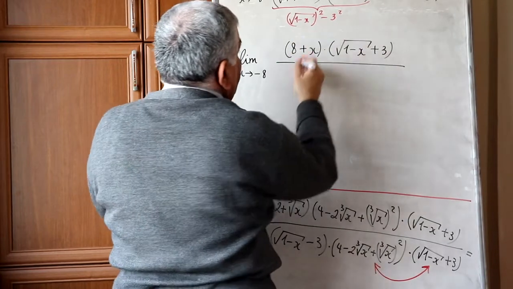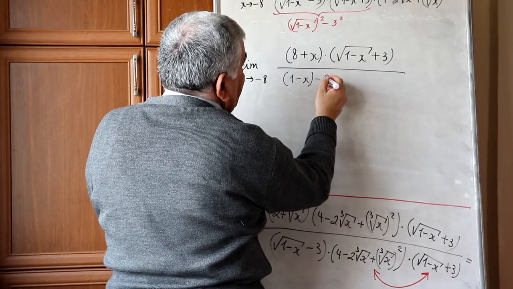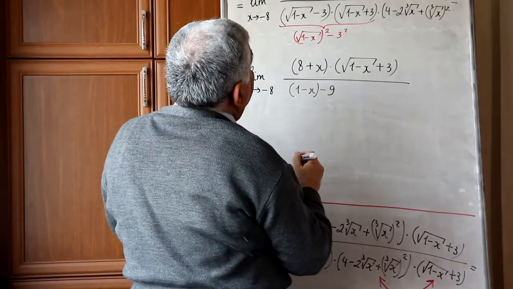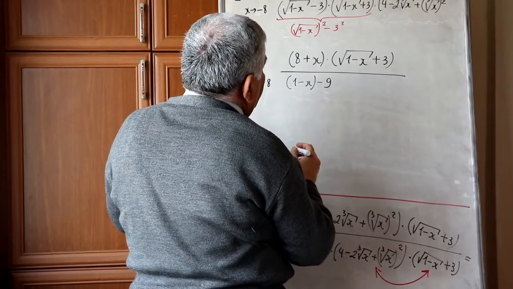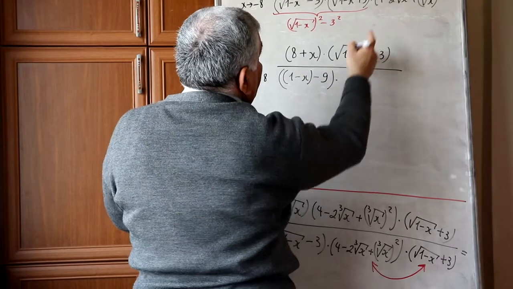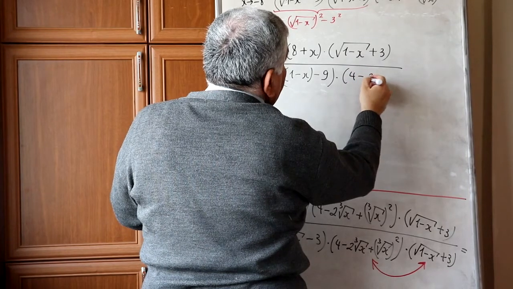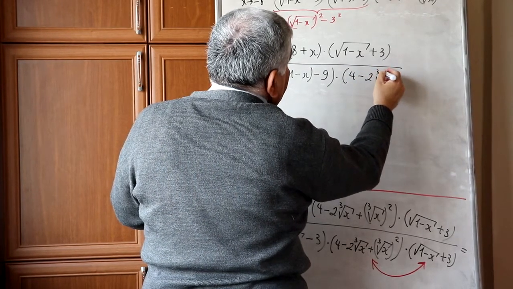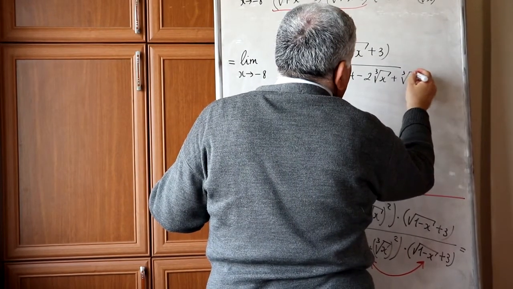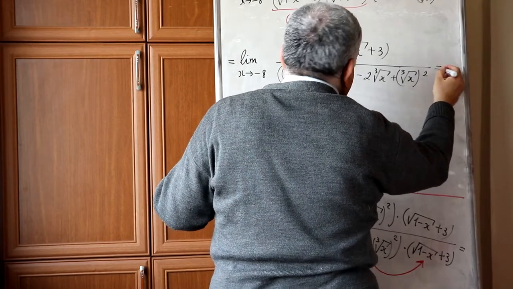Here we have 1 minus x minus 9 multiplied by 4 minus 2 cube root of x plus cube root of x squared. Equals.